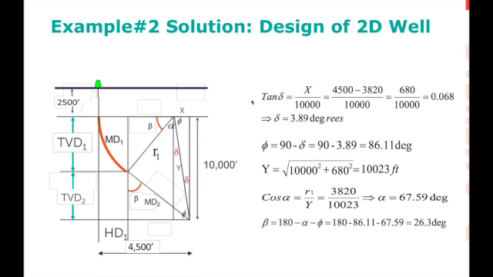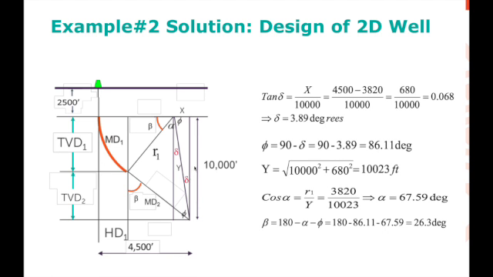So this sigma angle, we can solve for the tangent of this angle is equal to the opposite side divided by the adjacent side. You can see that. So that's 4,500 minus 3,820. Our horizontal departure minus the radius of curvature. That would be the opposite to this sigma angle right here, opposite side.